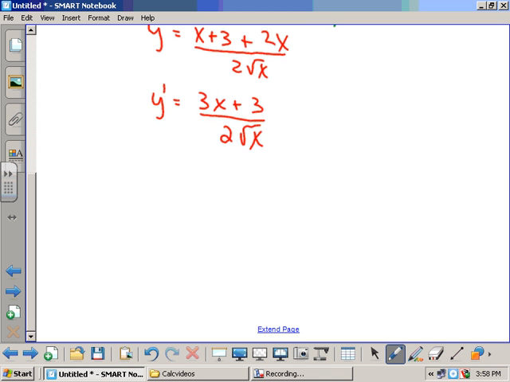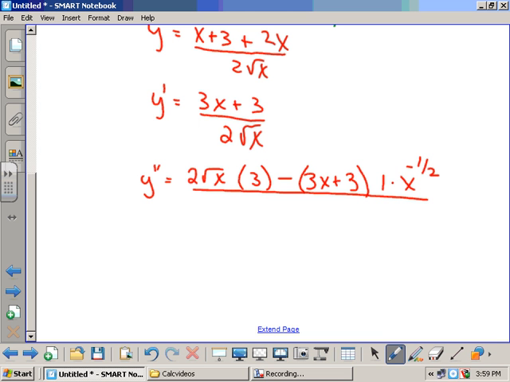Second derivative will be required to use quotient rule, low times the derivative of the high, minus high times the derivative of the low, all over the low squared, which in this case will be 4x.